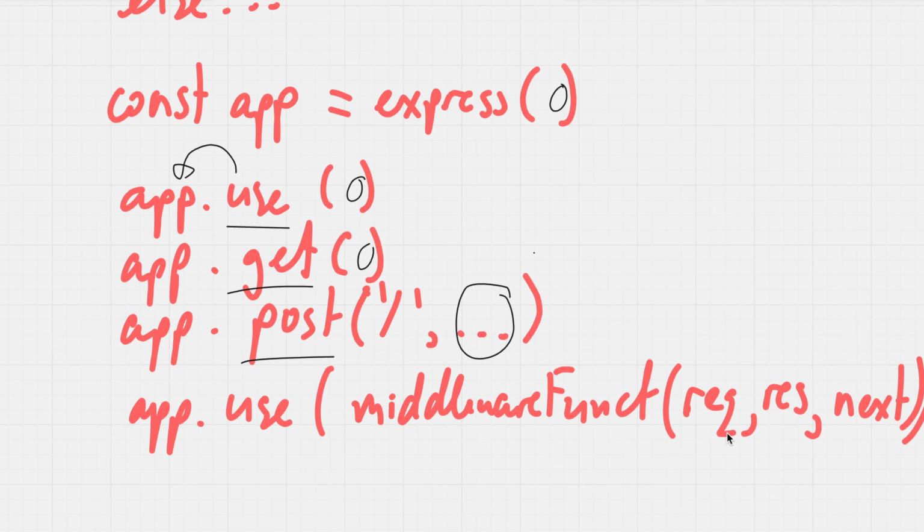As far as Express is concerned, if you have any function, it can be named anything, and it satisfies this pattern, then it would be a middleware function. And that's really it. So you have these methods to attach middleware, where middleware is the function you write.